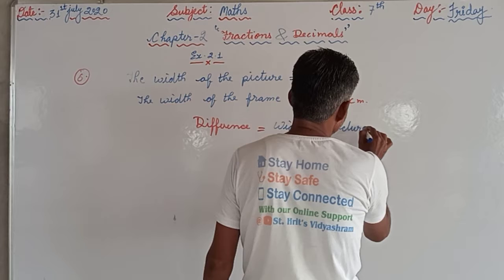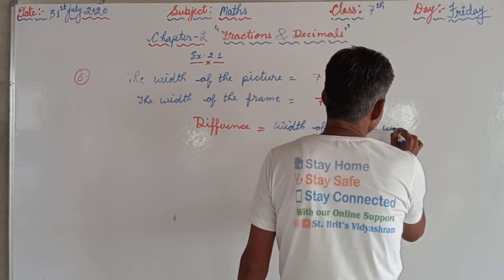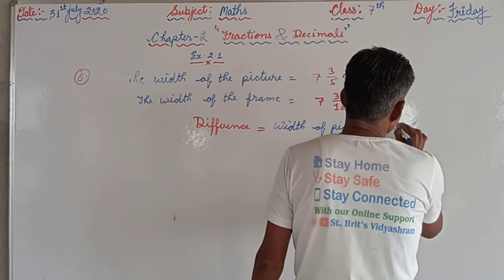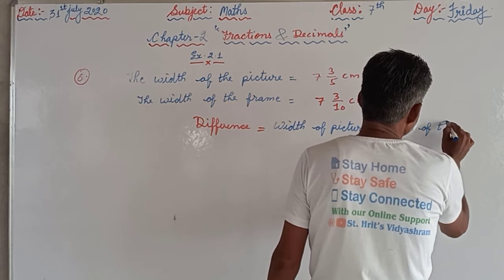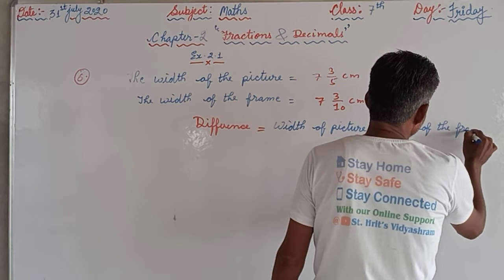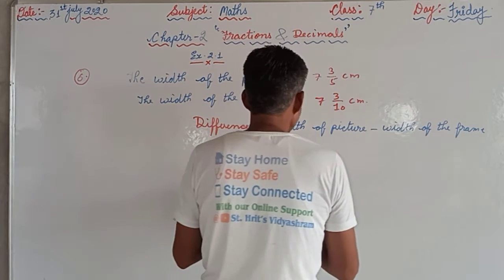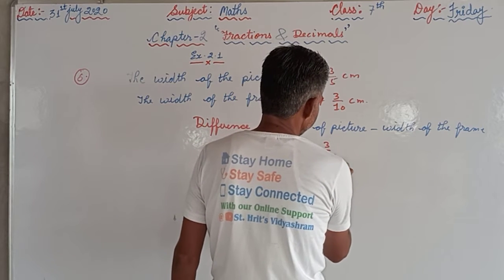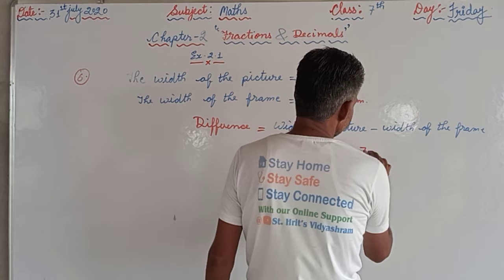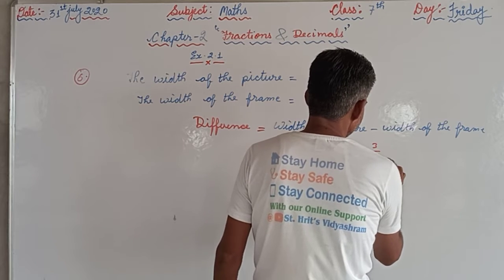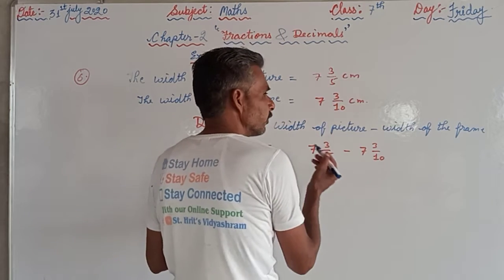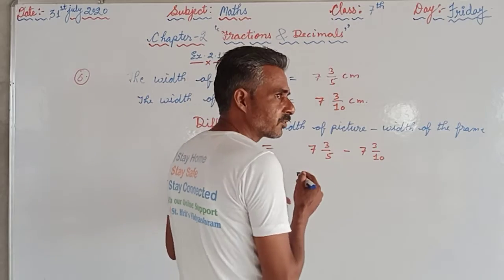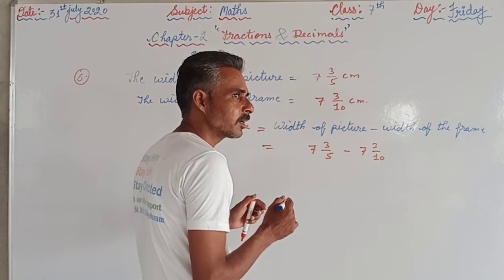Picture minus width of the frame. So width of the picture is 7 and 3 by 5 and the width of the frame is 7 and 3 by 10. So what we will do, we will convert these mixed fractions into improper. Why are these mixed fractions?